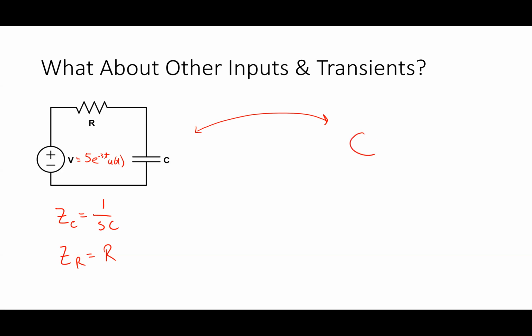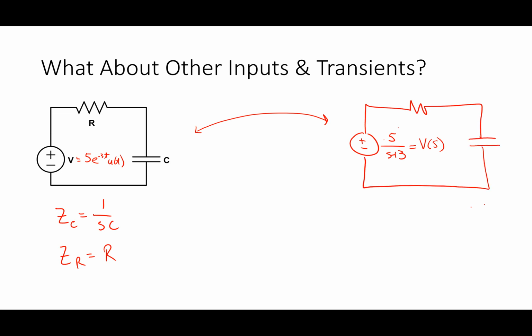In other words, take the Laplace transform of this input, so it becomes 5 over s plus 3. This is V of s. Then put in the impedances of my capacitor and resistor: call this one R, and this one 1 over SC. I should get exactly the same result that I would have previously.